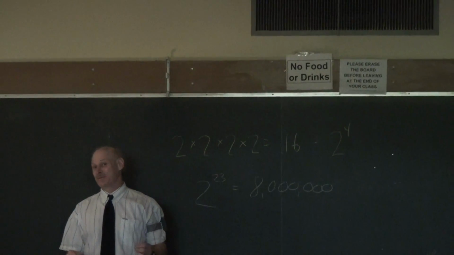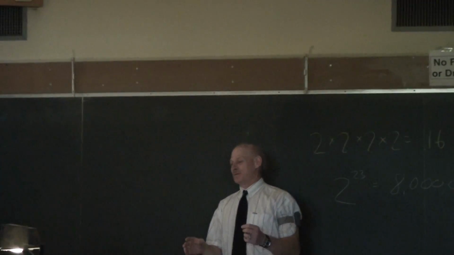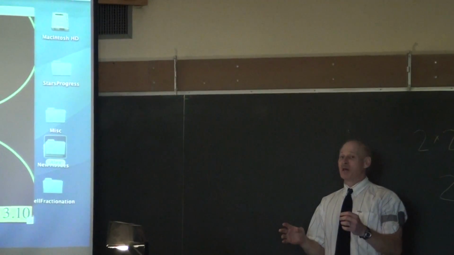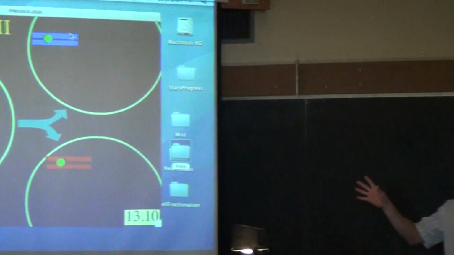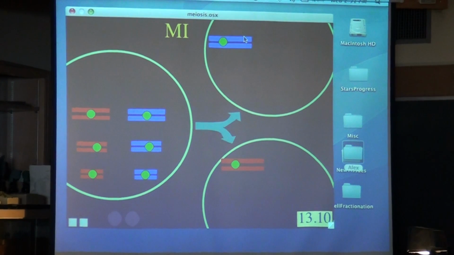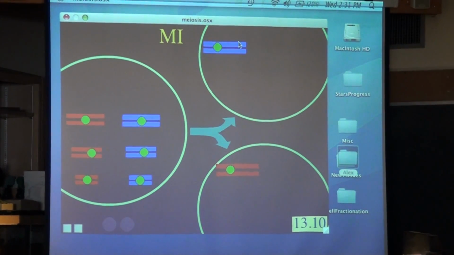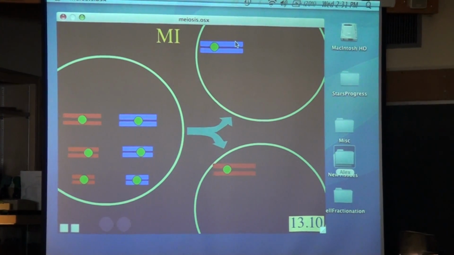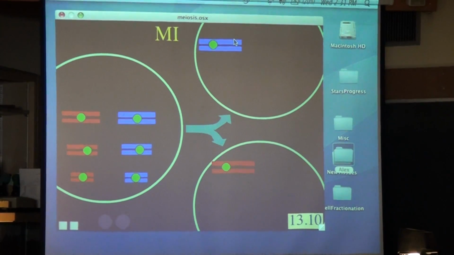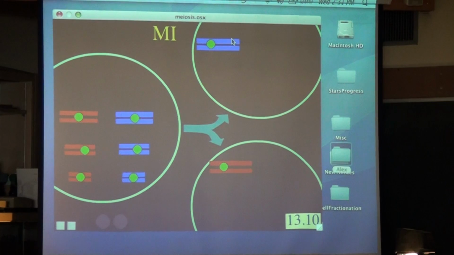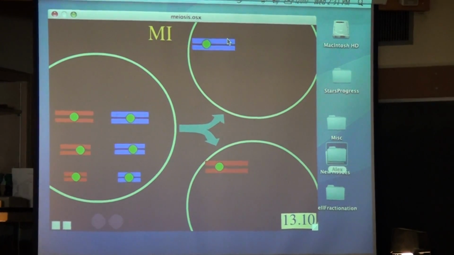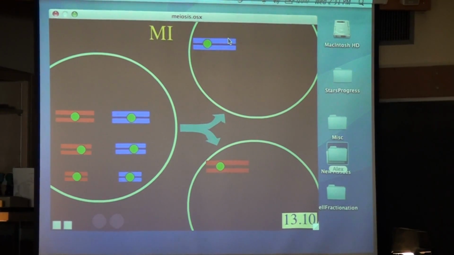Now, if you really want to blow your mind, that 8 million is just the number that you make. Your spouse can make 8 million types of their gamete, whether it's sperm or egg. And so how many possibilities are there together? Well, you multiply the 2 8 millions together, your 8 million varieties times your spouse's 8 million varieties. And I'm not sure what 8 million times 8 million is, but it's a big number.